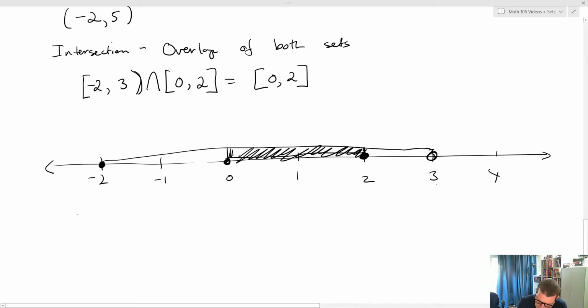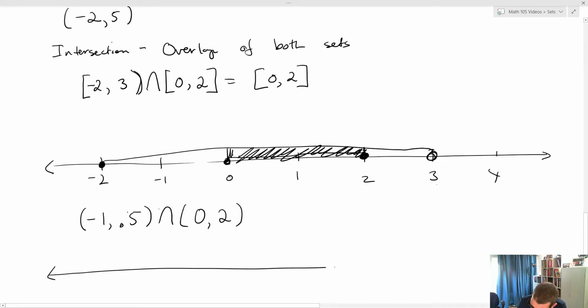Let's take a look at another one. Let's say I go from -1 to 0.5, and I want to intersect that with 0 to 2. Now I'm going to draw my number line again. I've got -1, 0, 1, and 2.